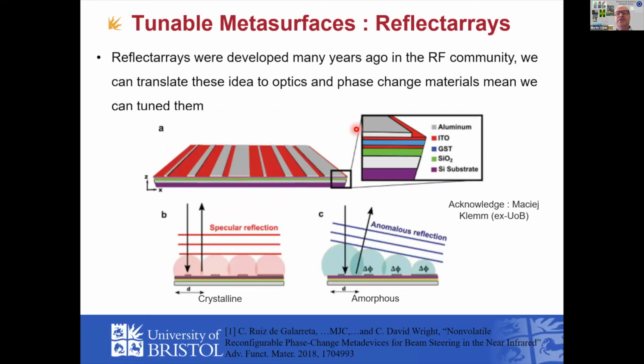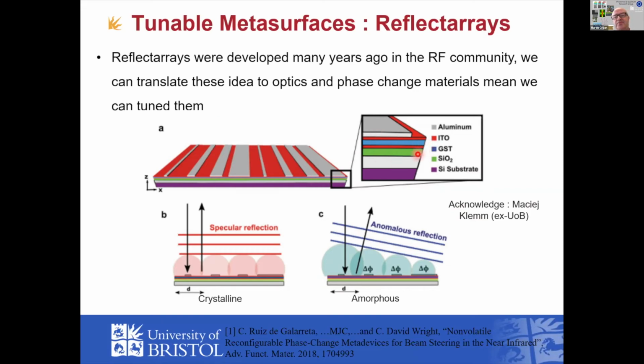Then it's moving on to reflect arrays that are associated with metasurfaces. And I should acknowledge the great help from an academic who was here at Bristol when we started this work, Mehmet Clem, who had been working on reflect arrays. I'd been working on these tunable materials, so we worked together to develop this structure.